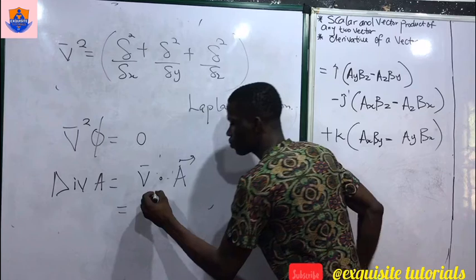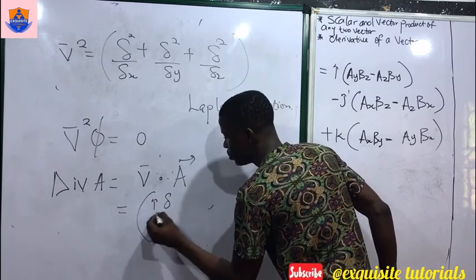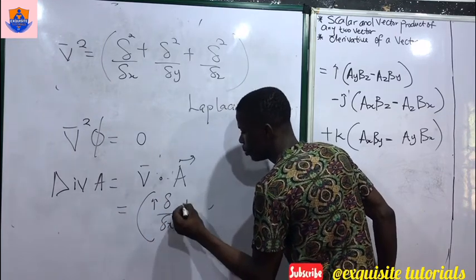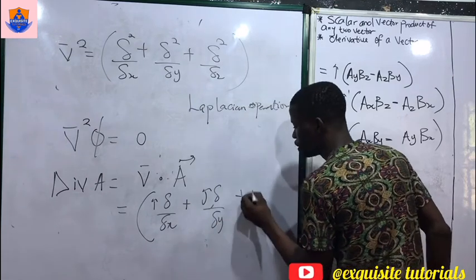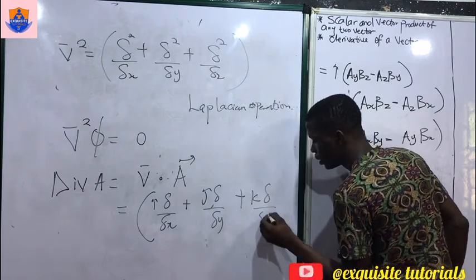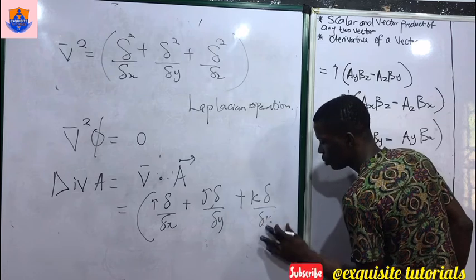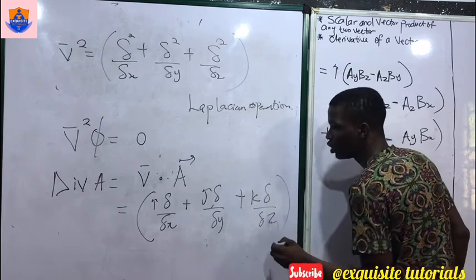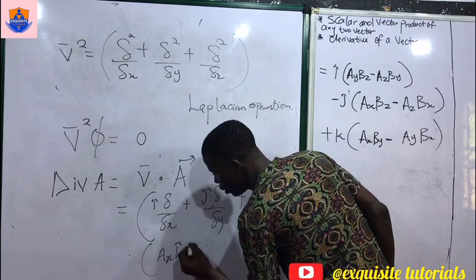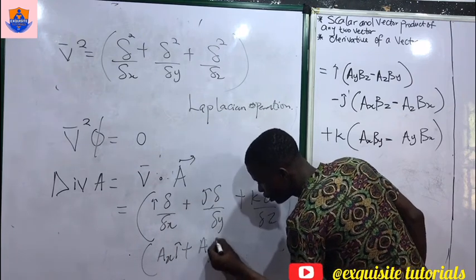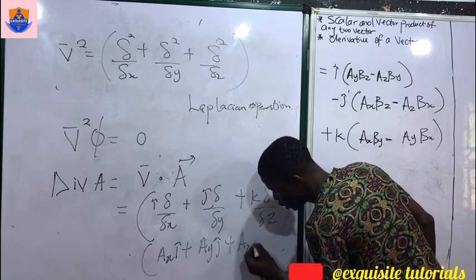So the i partial over partial x plus j partial over partial y plus k partial over partial z, dotted by our A of x i plus A of y j plus A of z k.